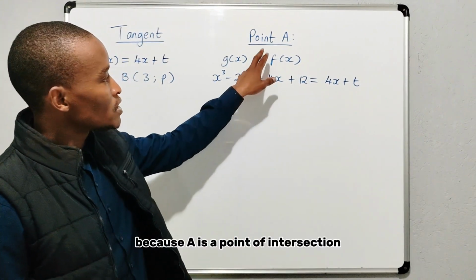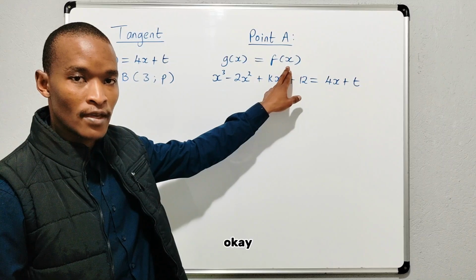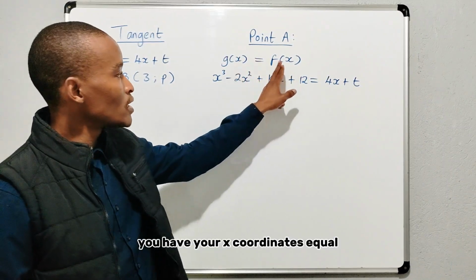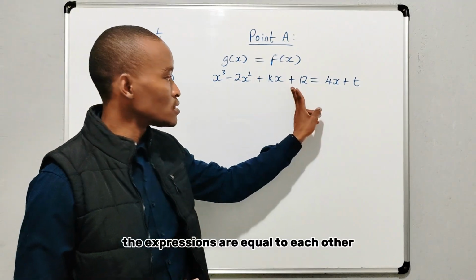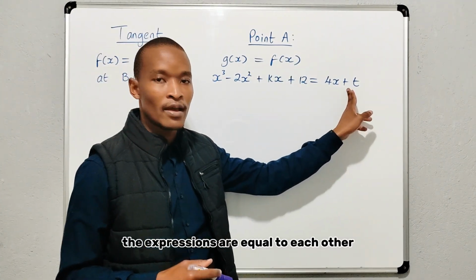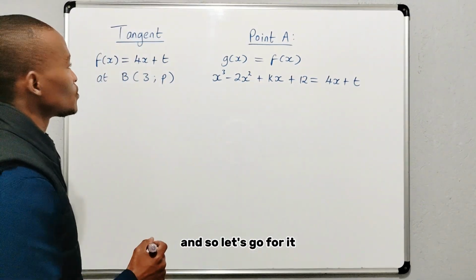Okay, because A is a point of intersection, we know that is happening. Okay, you have your x coordinates equal, your y coordinates being equal. In other words, the expressions are equal to each other at points of intersection.